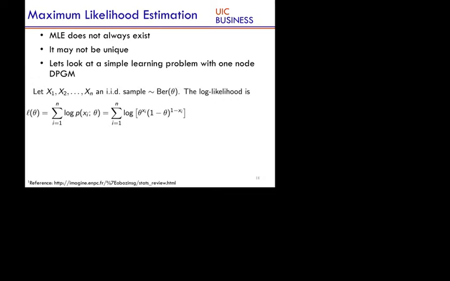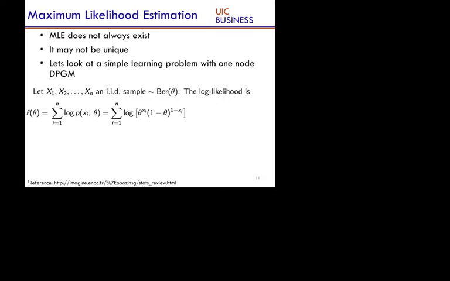This is an equivalent way to generalize these two equations. When xi is 0, you get rid of this term, you get 1 minus theta, which is the same thing as here. And when xi is 1, you get rid of the other term, and you only keep theta. So that's what's in the inner bracket of the log expression, and that's your log likelihood.